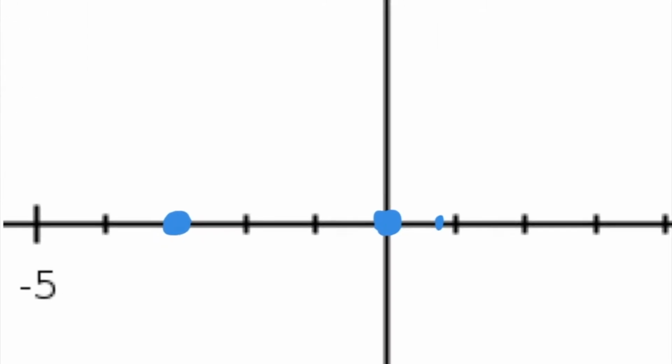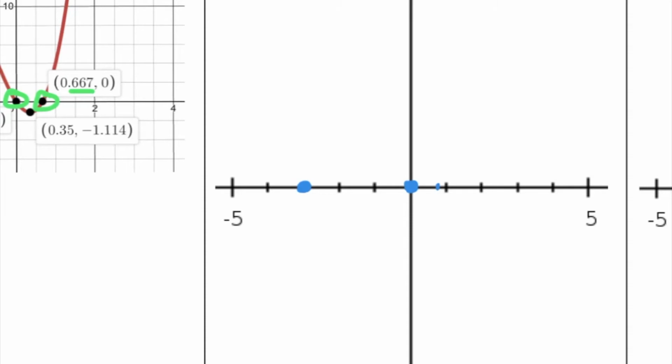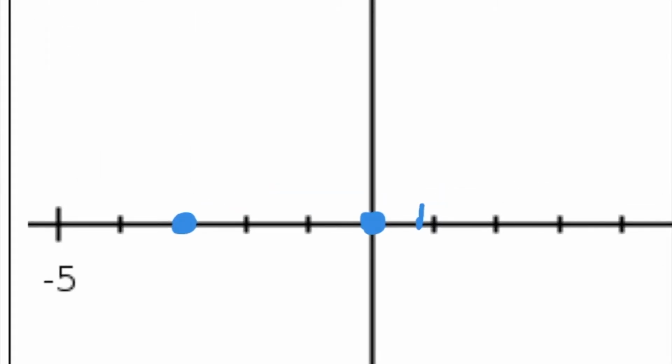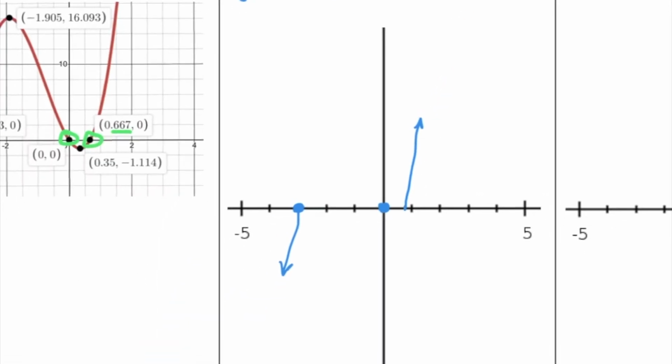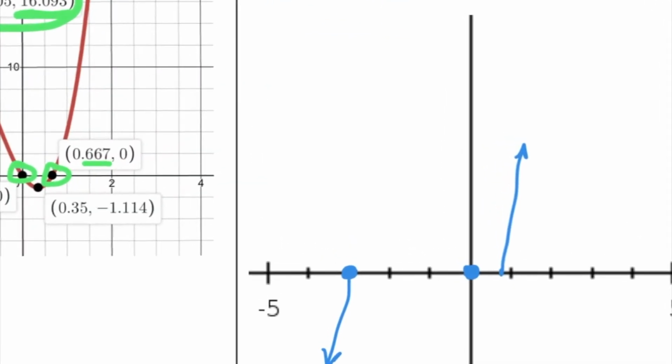The next thing that I want to do is think about the fact that my end behavior has the right end going up and the left end going down. And I think I'm going to elongate that in a minute. Now, if I look at the maximum on this end, the y value of that maximum is 16, and that's awfully hard to draw, so I'm not going to draw that up at 16.